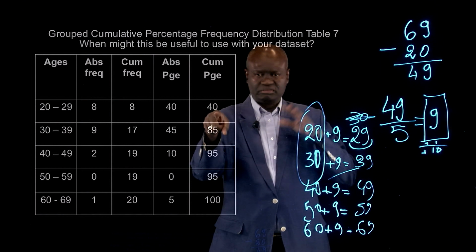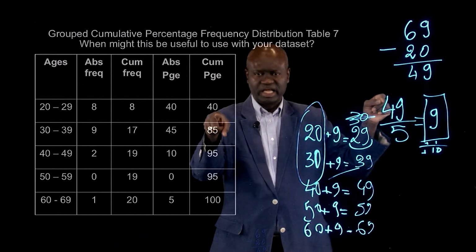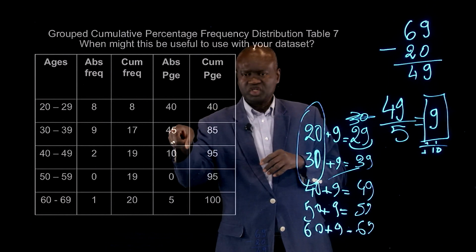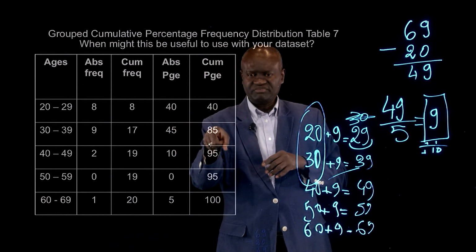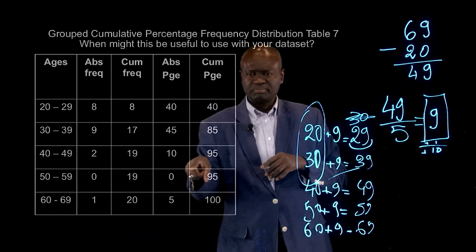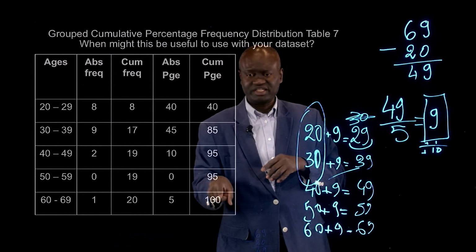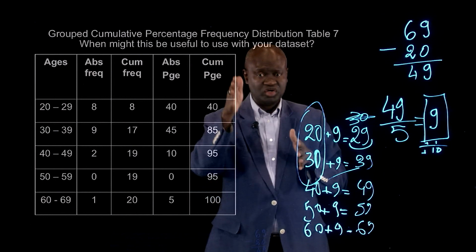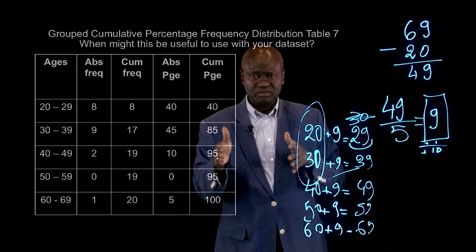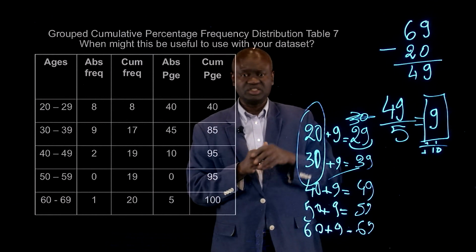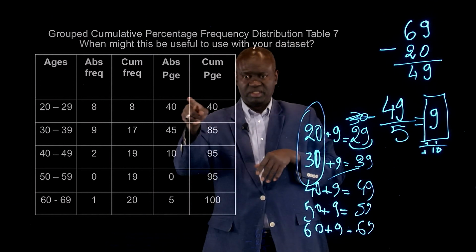You just keep writing, you write 40 because it's the same. 40 plus 45 equals 85, plus 10 equals 95, plus 0, 95, plus 5, 100. You should get 100 here too. If you don't get 100, something is wrong.